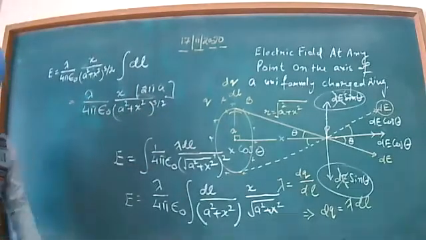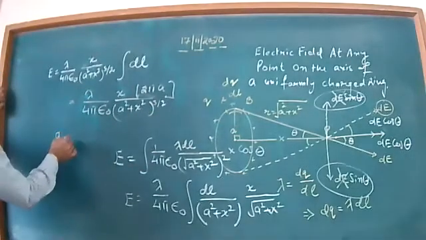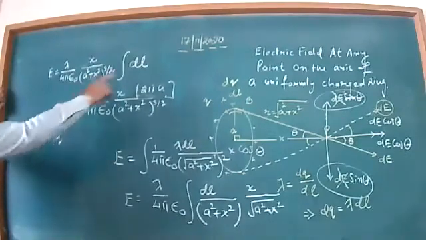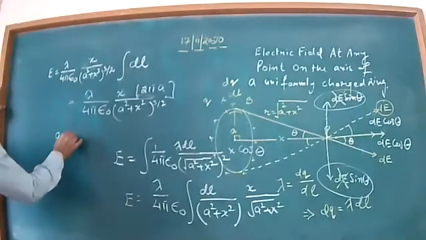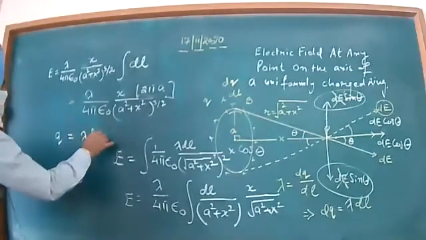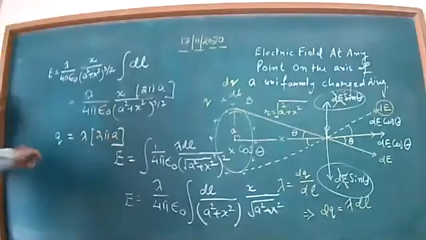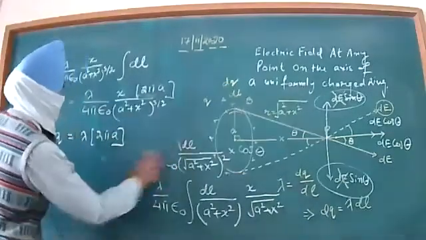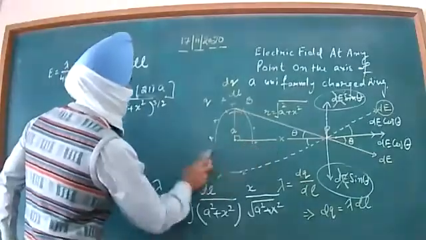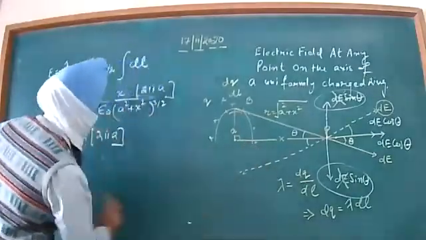For the complete ring, Q is the charge distributed over the whole ring, and I can say that Q is equal to lambda into 2 pi a. This can be managed. And if it is so, then I may write this expression in this manner.